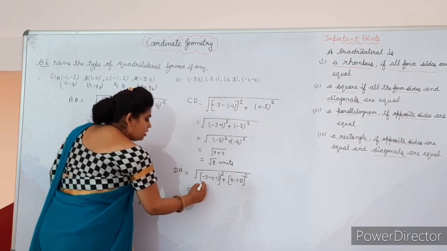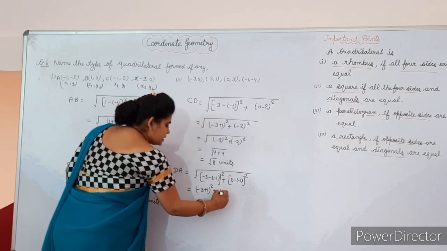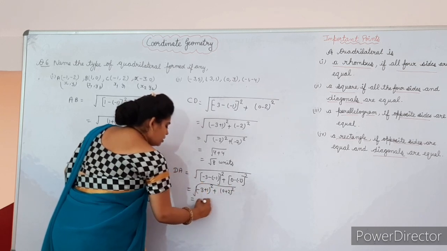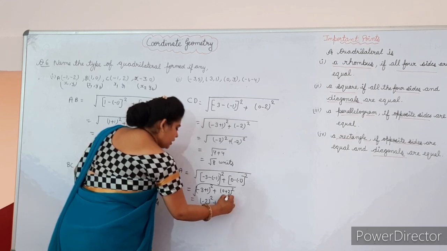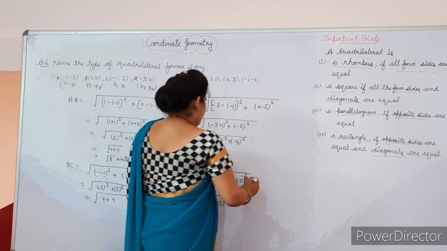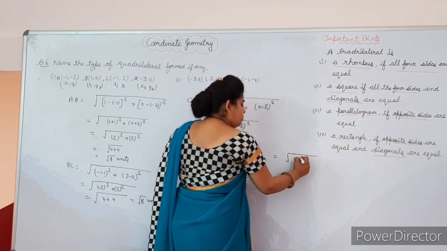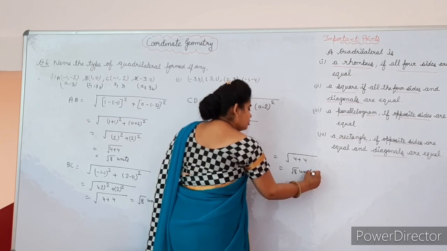Then minus 3 plus 1 whole square plus 0 plus 2 whole square and its square root. Minus 2 whole square plus 2 whole square, it will equal to square root of 4 plus 4 means root 8 units.